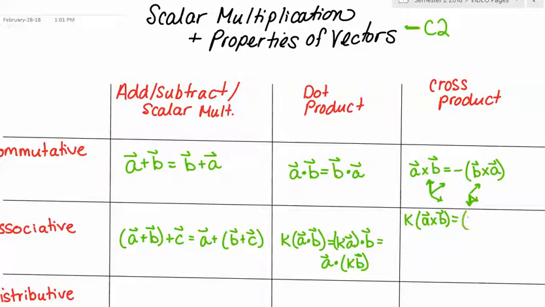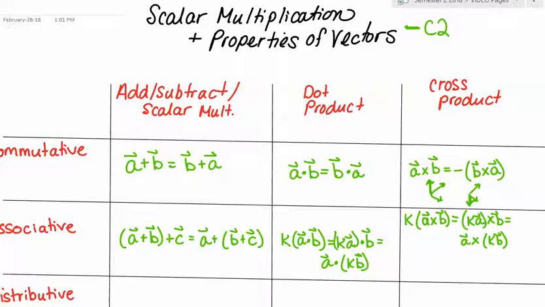So I can multiply vector A by my scalar and then do the cross product, or the same as the dot product, I can multiply my vector B by my scalar and then do A cross B. I'll leave the rest for the distributive property.